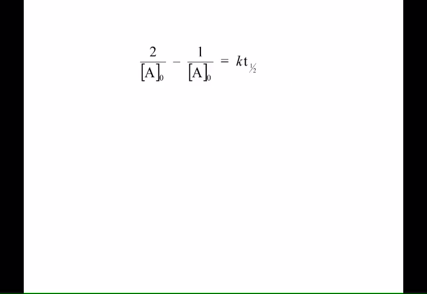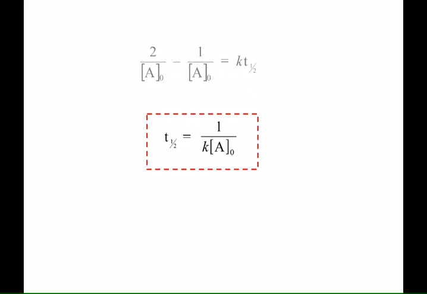So we have 2 over A0 minus 1 over A0 is equal to K T1/2. Well, that's not too bad, that math thing. The 2 minus the 1 gives me 1. So it becomes 1 over A0 is equal to K T1/2. And to get T1/2 by itself, T1/2 is equal to 1 over K times 1 over A0.